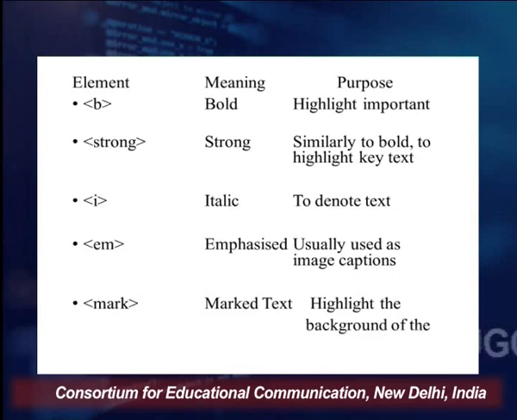It is basically used for image captions, which we generally write at the bottom of the image. They are written in an emphasized manner that is somewhat different from italics. So usually to write image captions, the EM tag is used.